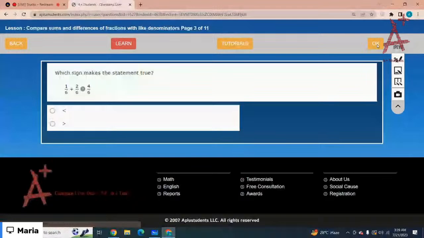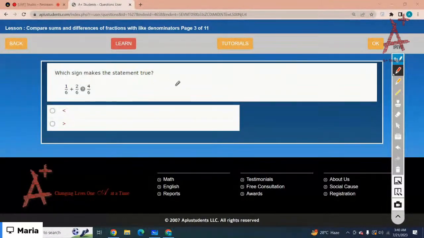The next one is 1 by 6 plus 2 over 6 and you have to compare it to 4 over 6. So just add their numerators. 2 plus 1 is 3 over 6. You have to compare to 4 over 6. So which is the correct option?